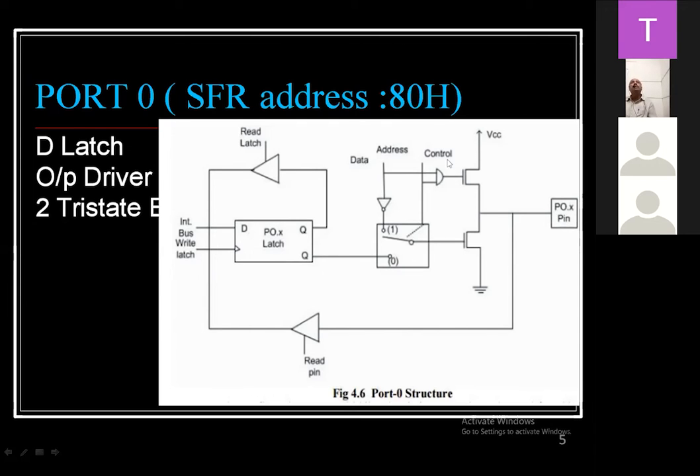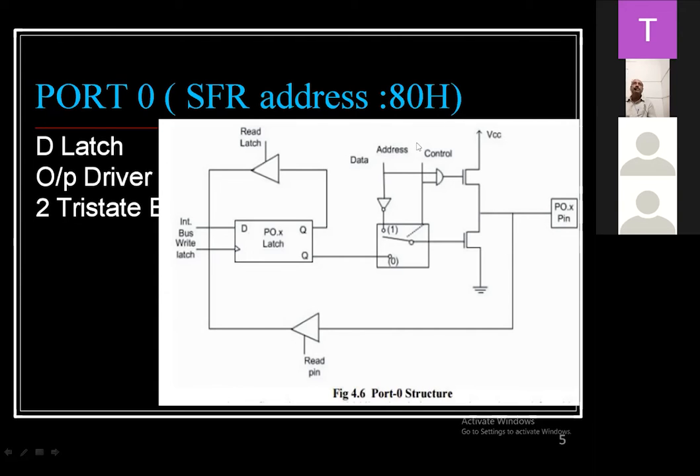How? For that, if you can see the cursor, the control circuit is here. These are two parts. First is up to the D flip-flop, and another part is this control logic, which decides whether port 0 is working as input output or address data line.